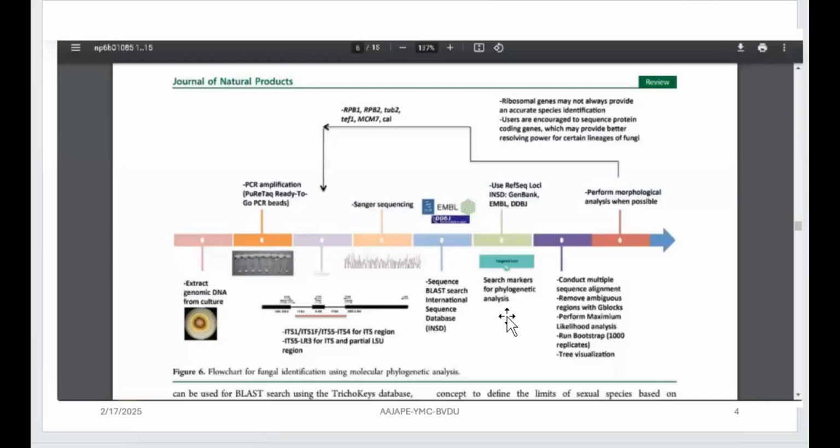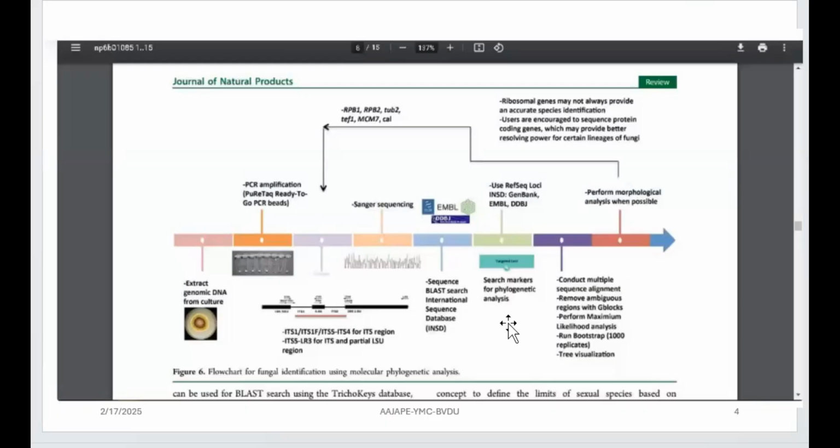So DNA you have extracted, you have taken the amplicon, you have amplified it, you have sequenced it using say Sanger's method, and then you have blasted the sequence to find the match using the databases like INSD, and then you are going for search markers for phylogenetic analysis.